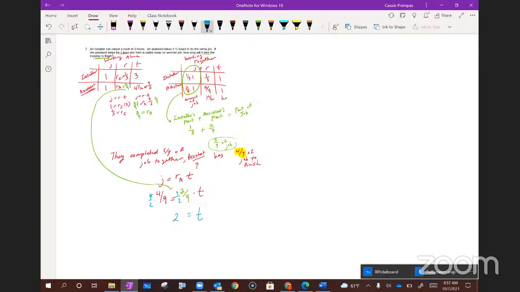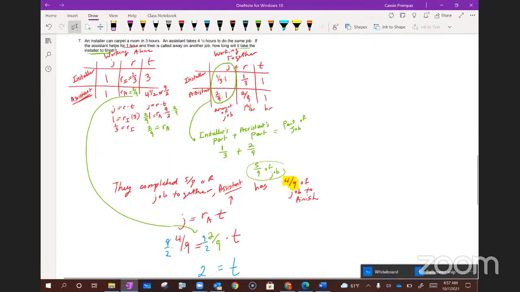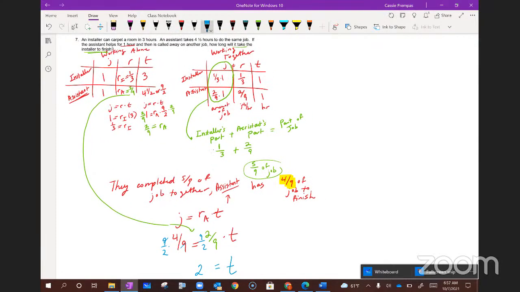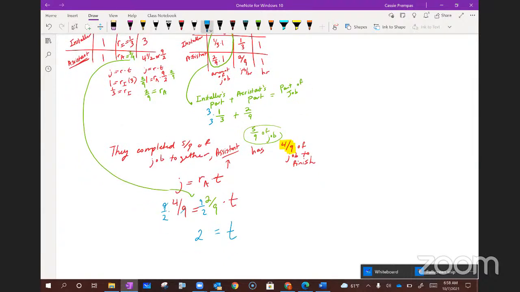But I know that's, what did I do? Did I make a mistake? 1/3, if I multiply this by 3/3, 3 plus 2 gives me 5/9, which tells me he has 4/9 of the job to finish. He can do 2/9 of the job per hour, times that by 9/2. And that would tell me that he has to work for 2 additional hours.